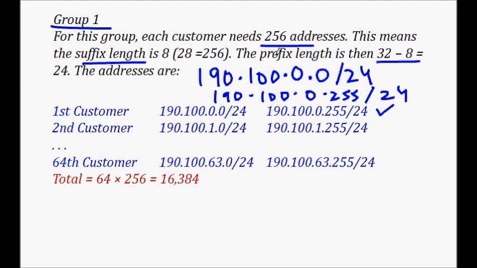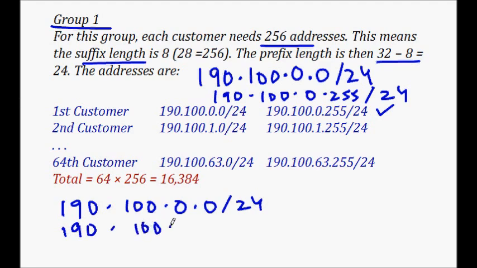Now we need to have 256 such customers. So your last 8 bits will change and you will have 256 hosts. If you change this decimal part, 0, 1, 2, 3 till 255, then you will have 256 such customers. So I will have 190.100.0.0/24 as the first customer's starting address.